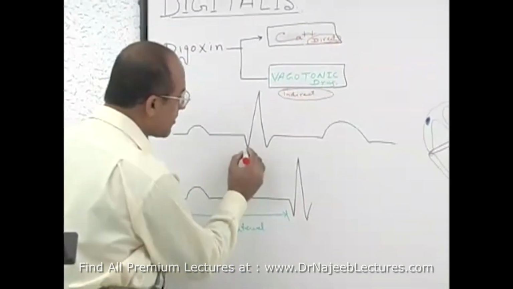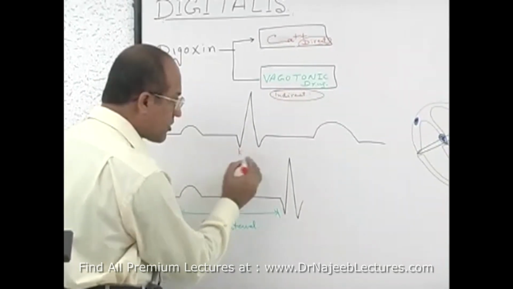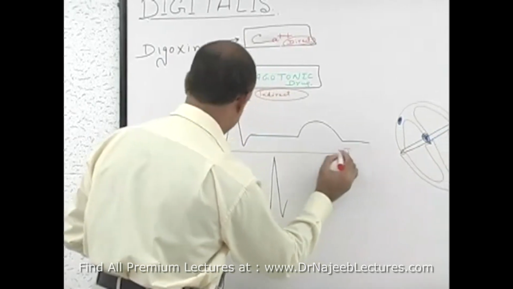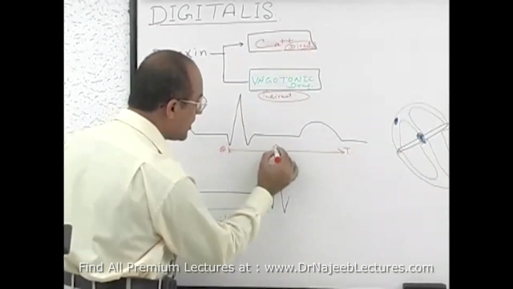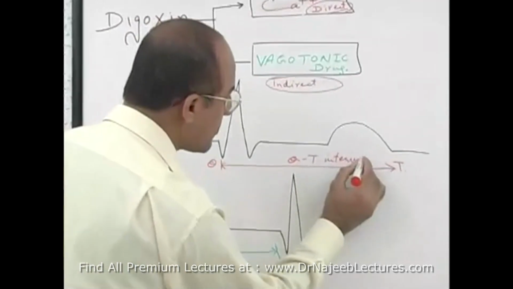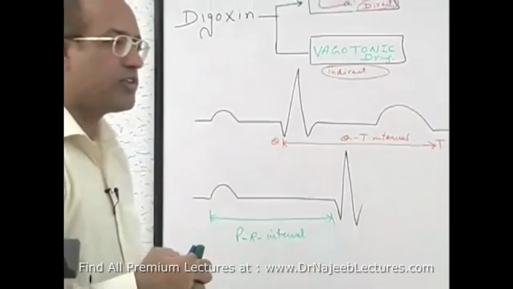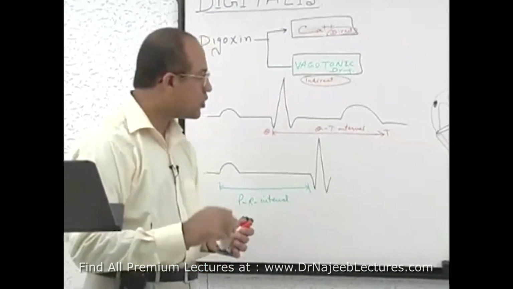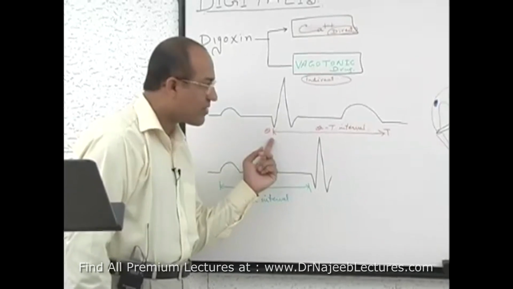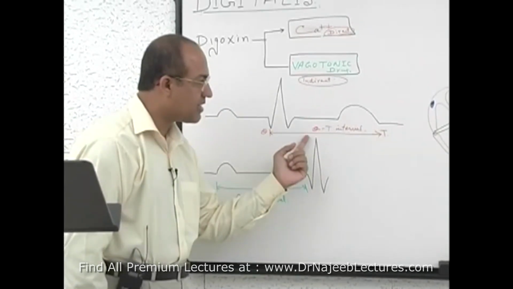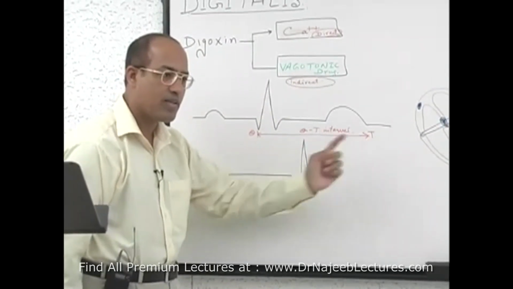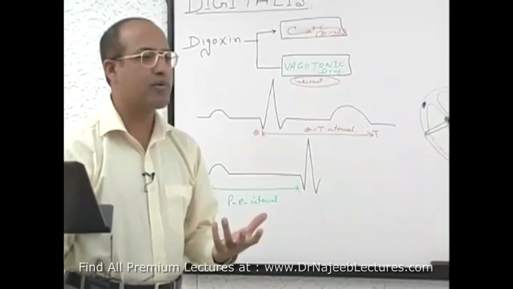The QT interval starts from the onset of the Q wave, the QRS complex, and it goes up to the end of the T wave, right? This is called the QT interval. Is that right? Now the QT interval means what? It is the beginning of the QRS, it includes the ST segment, and it includes the T wave up to the end. Now what is the clinical importance of this?